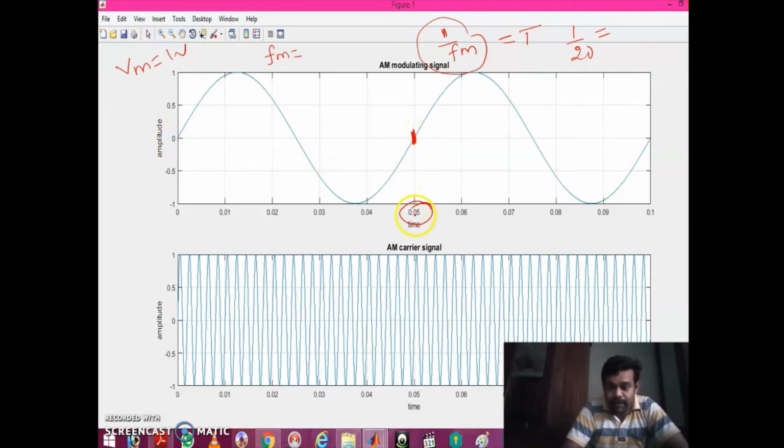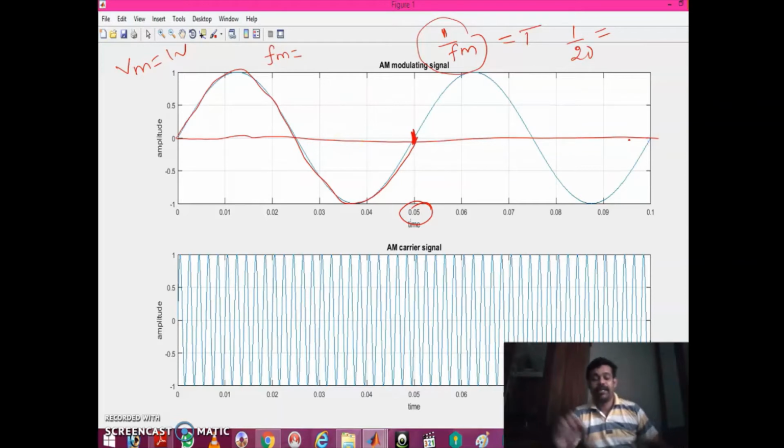So within 0.05, you have to draw one cycle. You have to draw one cycle. Okay. This is your zero line. This is your modulating signal or message signal.